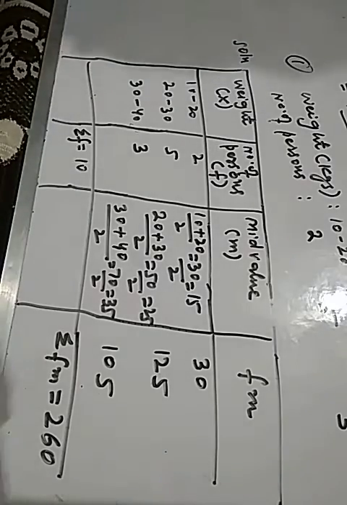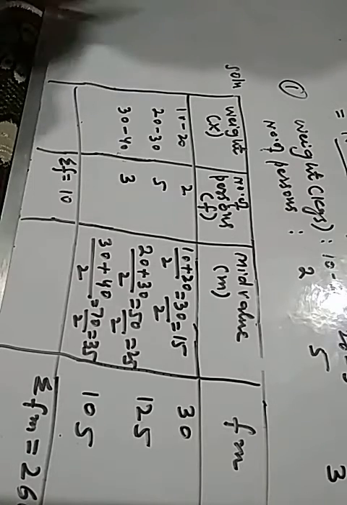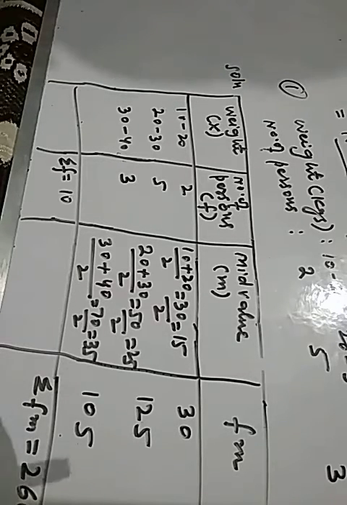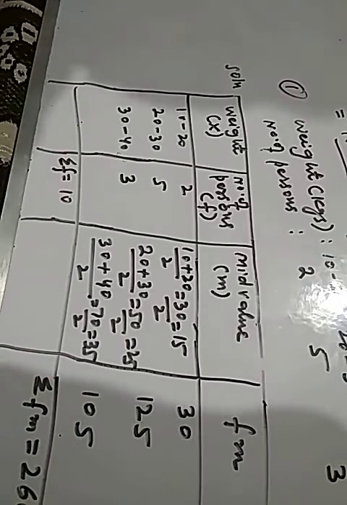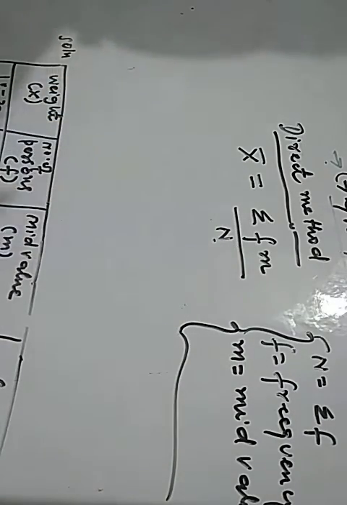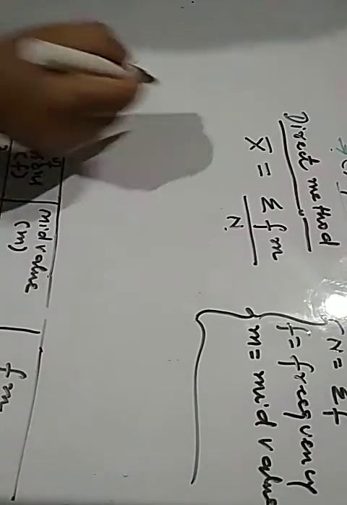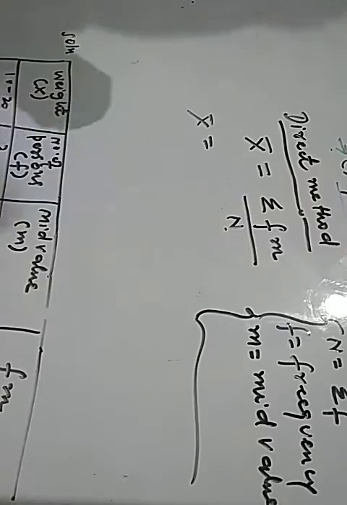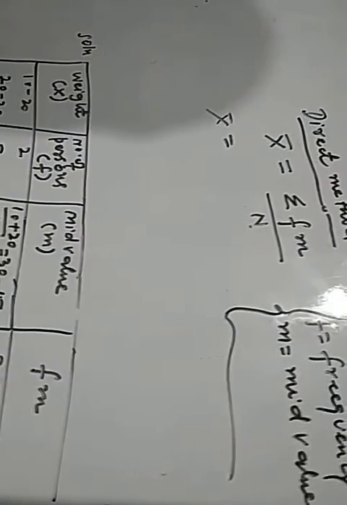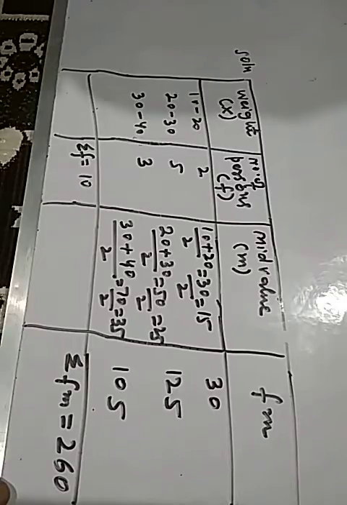Now applying the formula, x bar equal to sigma fm divided by n, where n is equal to sigma f. X bar, that is arithmetic mean, will be equal to sigma fm, which is 260, and sigma f is 10.